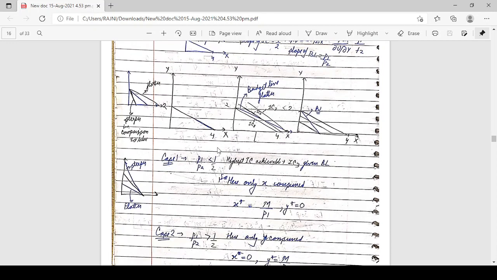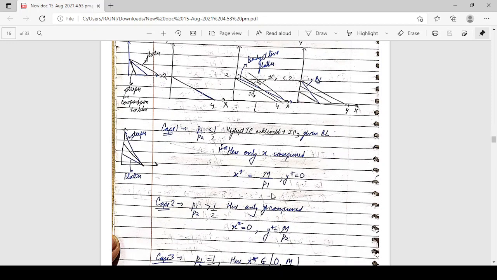If P1 upon P2 is less than half, what it is trying to say is that the slope of the budget constraint is flatter than that of the indifference curve. So here the consumer will be consuming all of x and none of y. That is why the consumption of x will be m upon p1, and the consumption of y will be 0.